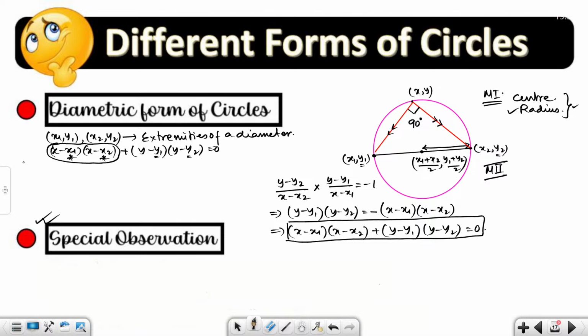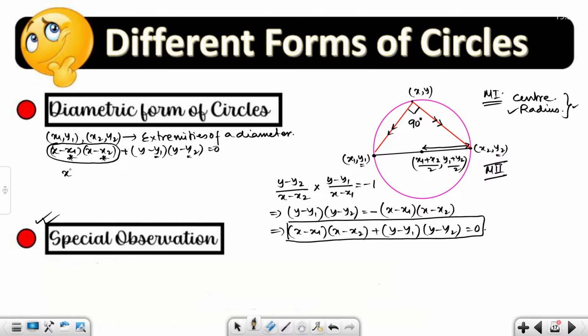How many of you can see this? You people have all done this kind of thing in quadratic equations. x minus x1 into x minus x2 represents a quadratic equation having 2 roots, x1 and x2.